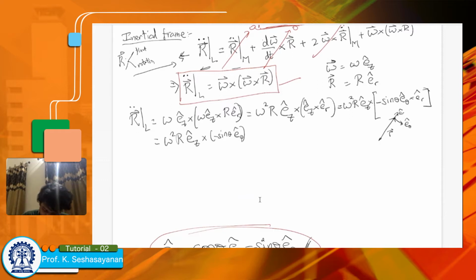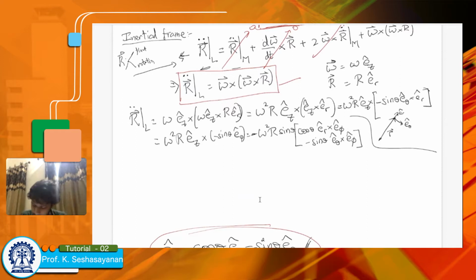And again we'll do the same substitution. What we get is omega squared R sin theta, which is minus, and you get cos theta Er cross E phi minus sin theta E theta cross E phi.